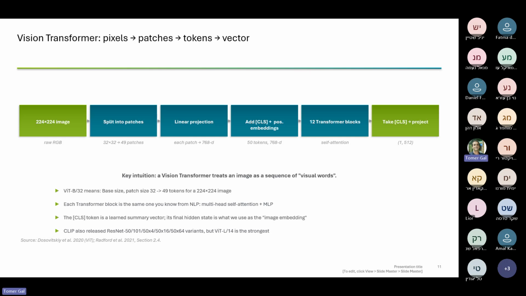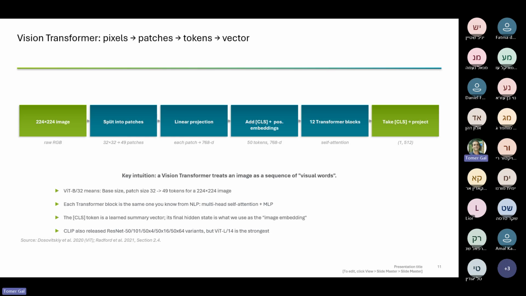Okay, so once we had these tokens, then we gave it the learnable token, meaning we added the learned positional embeddings. And by the way, this is something very common in the industry, the aspect of the positional embeddings.